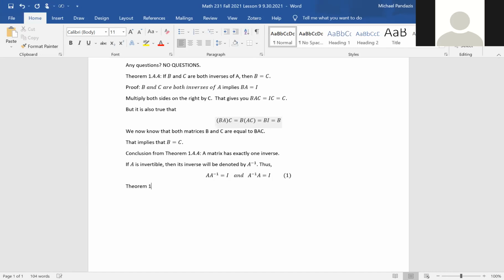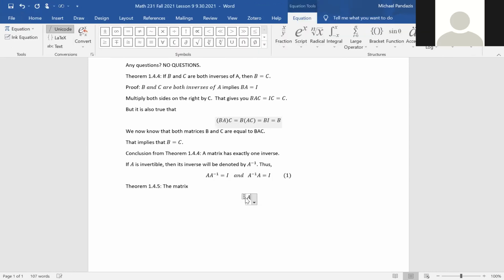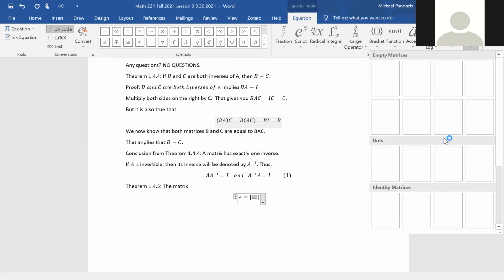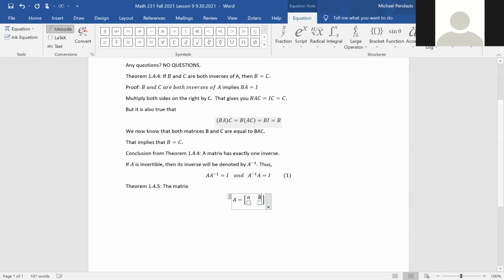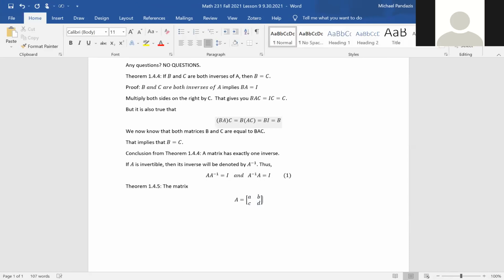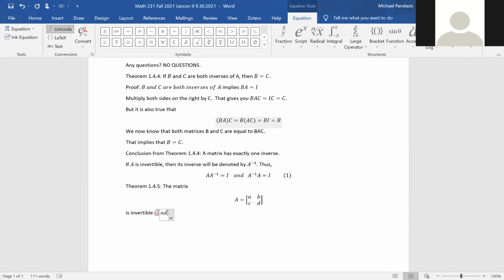Theorem 1.4.5 says the matrix A, which is equal to this 2 by 2 matrix, is invertible if and only if AD minus BC does not equal 0.